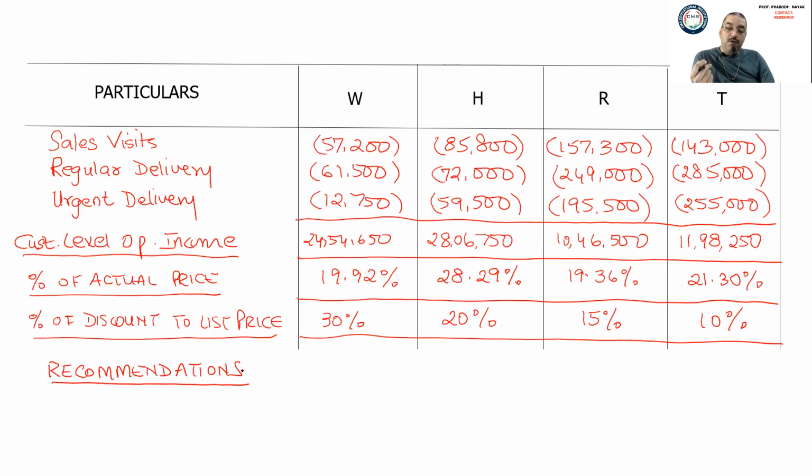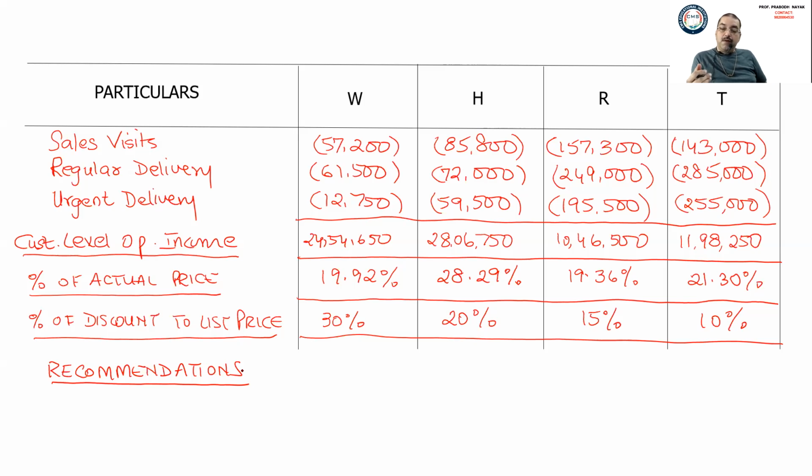But R is getting only 15% discount, whereas W is getting 30% discount, double the rate of discount. So for more or less the same operating income contributed by R, for W we are giving double discount, 30%, where R is getting only 15%.